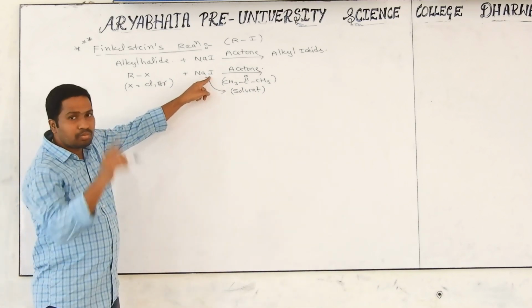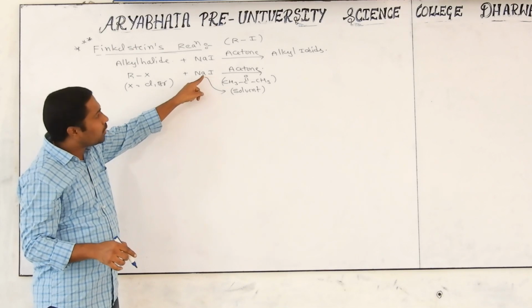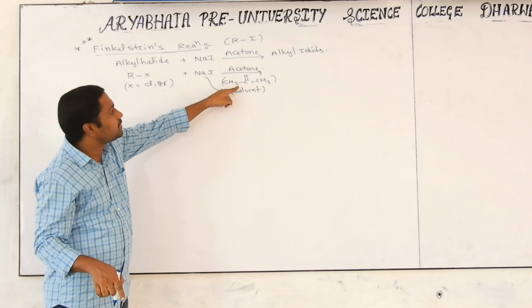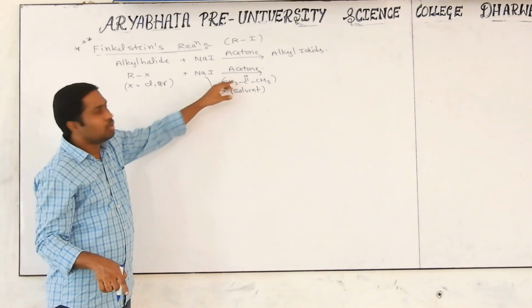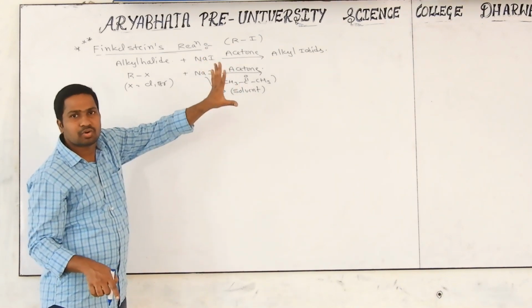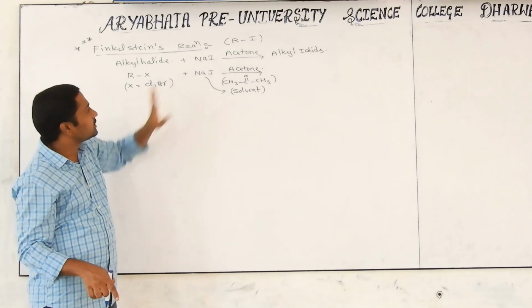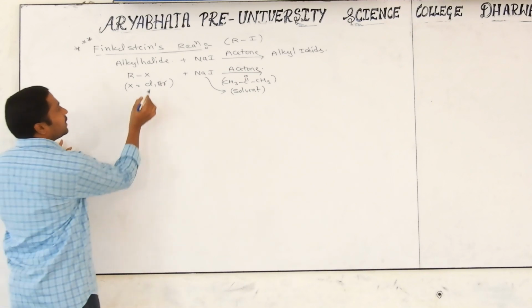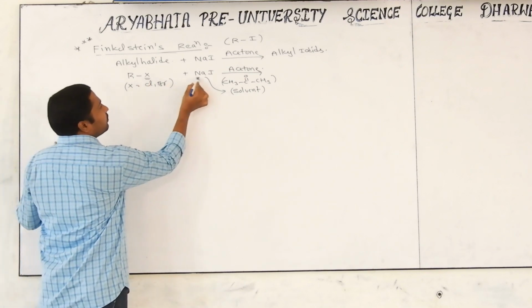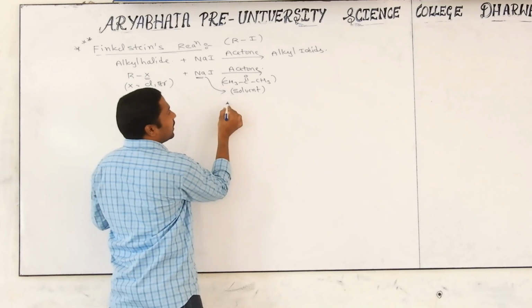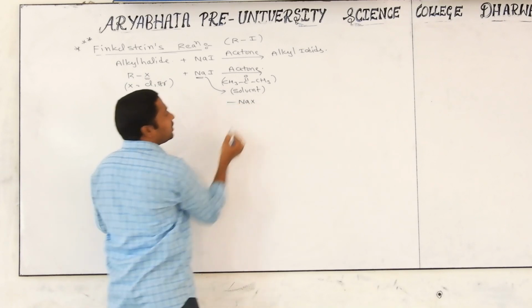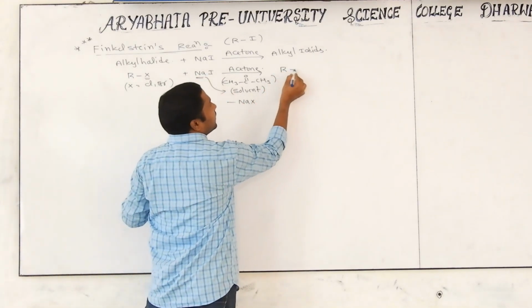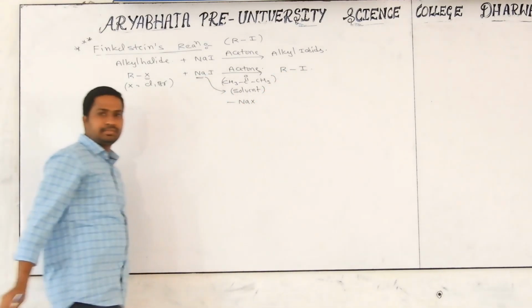NaI has almost covalent nature, and covalent compounds dissolve in non-polar solvent, which acetone almost is. So it is acting as a solvent to dissolve the reactive chemical, NaI. Then what is the possibility? Very clearly apparent, X and sodium will come out in the form of NaX. After that, alkyl will combine with iodide, and we are getting alkyl iodides.